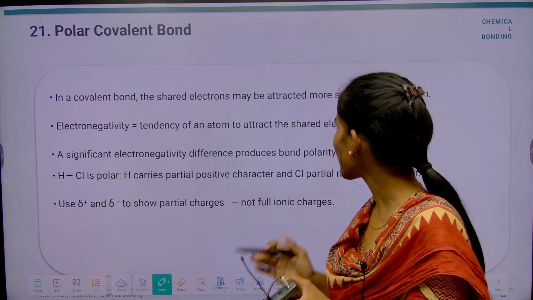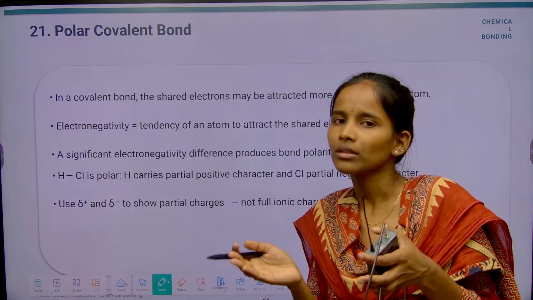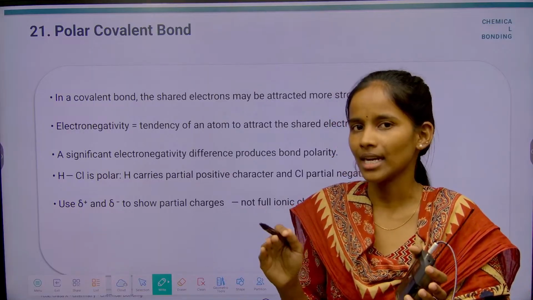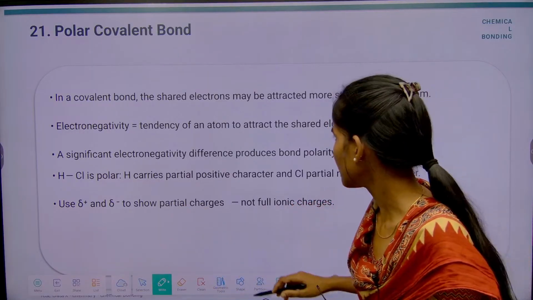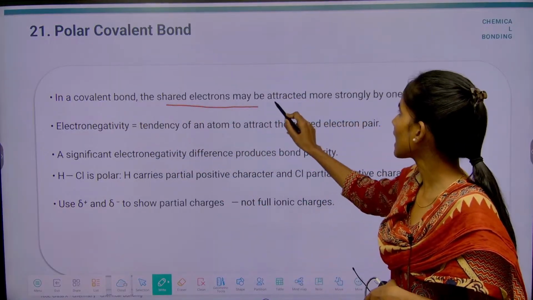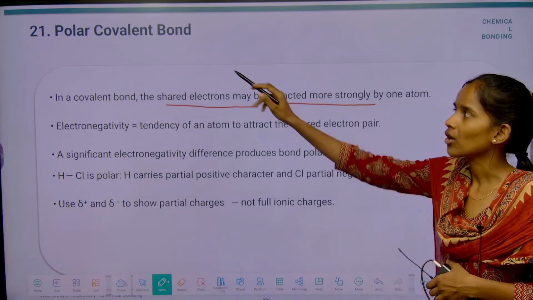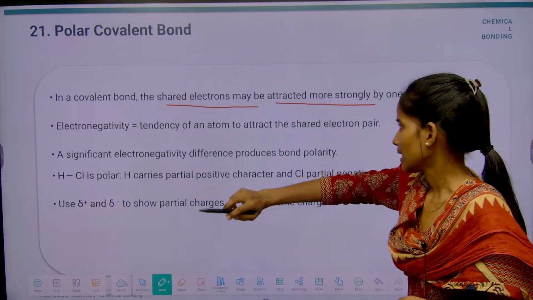A shared pair of electrons can be attracted more towards one atom and less towards the other atom. It means that in a covalent bond, the shared pair of electrons may be attracted more strongly by only one atom. Then we call it a polar covalent bond.